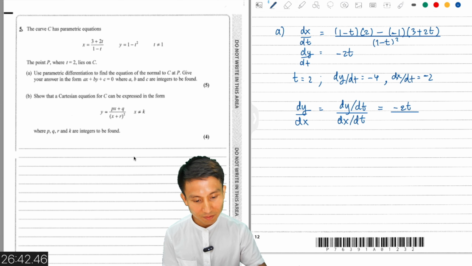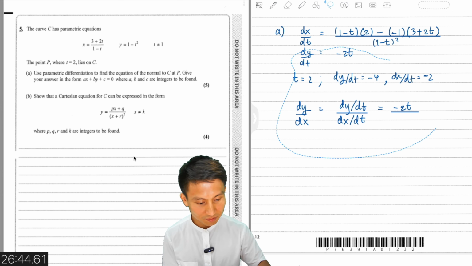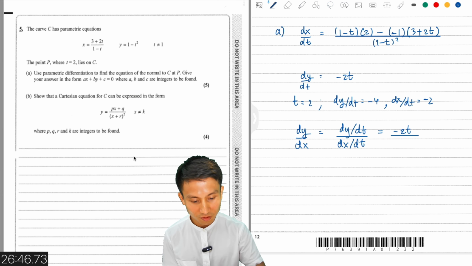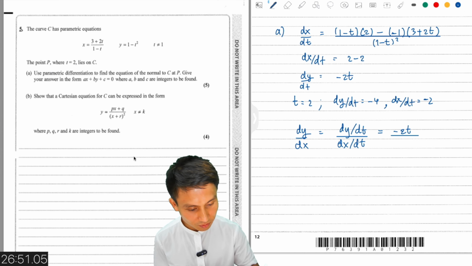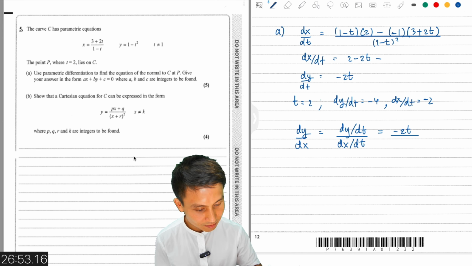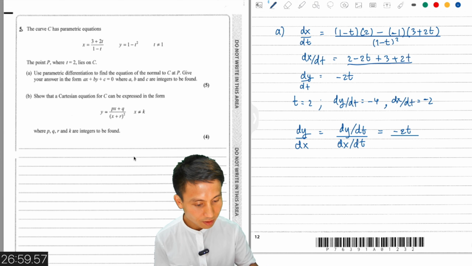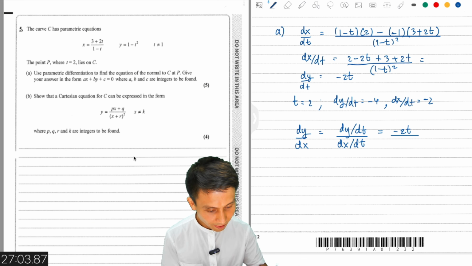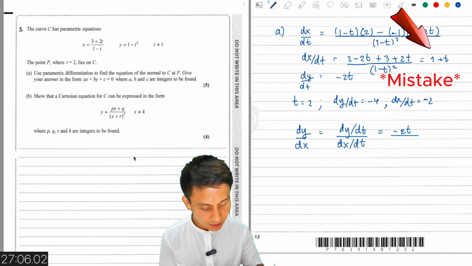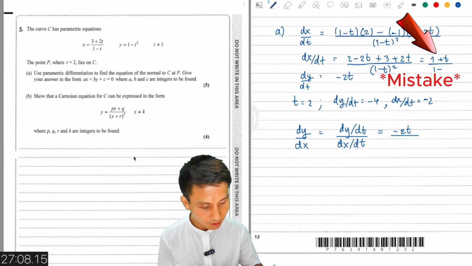Well, you know what? Let's simplify the expression first, just in case, because they might look for the method mark here. Okay, so that's 2 minus 2t plus 3 plus 2t, right? Divided by 1 minus t squared. So that is just 1 plus t, divided by 1 minus t squared.